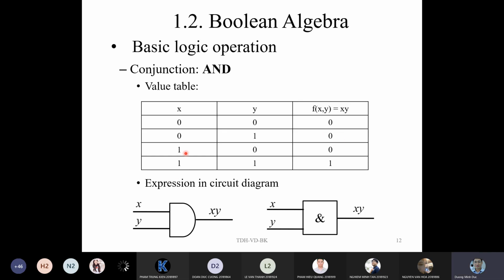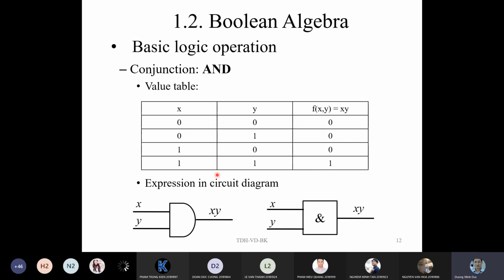The third case is x equal 1, y equal 0, and the conjunction is equal to 0. And finally, both x and y equal 1, then the conjunction is equal to 1.